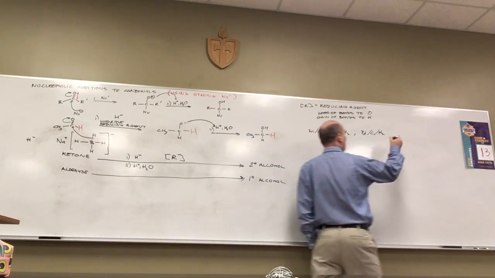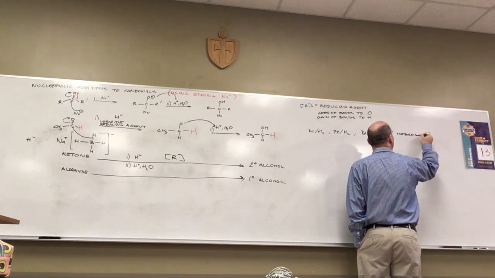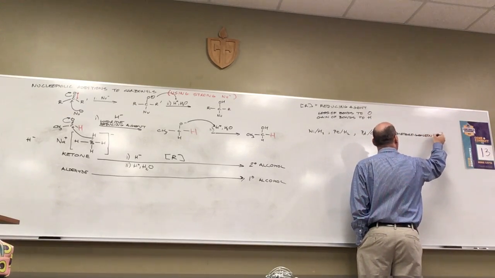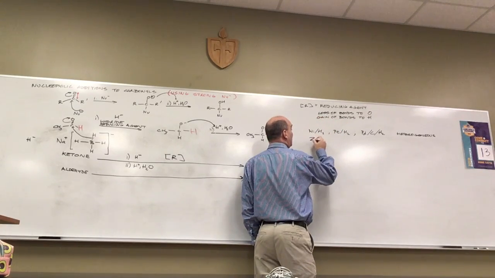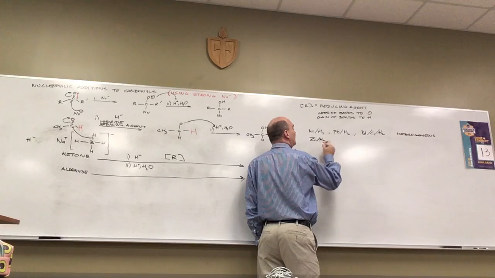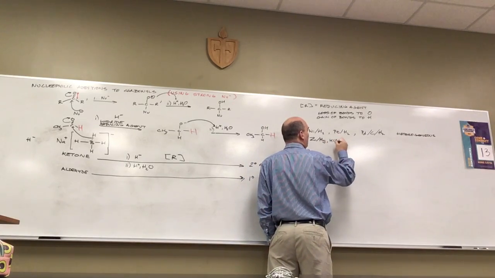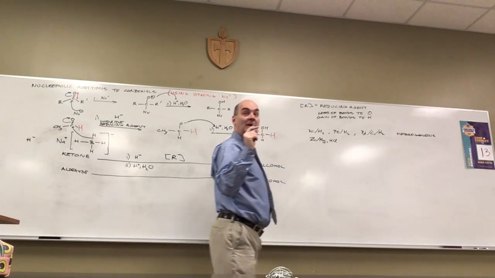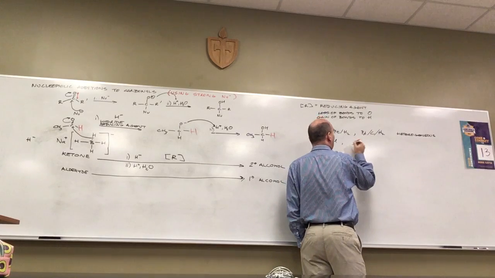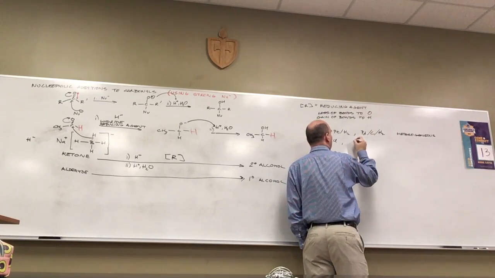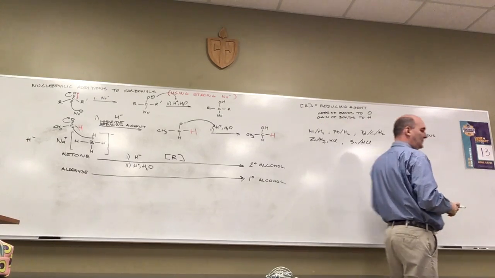These are heterogeneous, and we've used those for a few things. And we've seen zinc. So we've seen metals in combination with acid. Zinc amalgam in acid is the Clemmensen, and we've seen tin and hydrochloric acid.